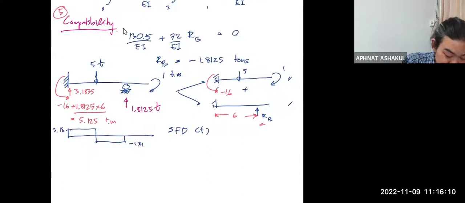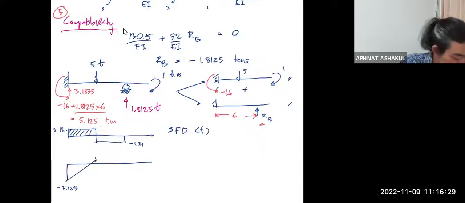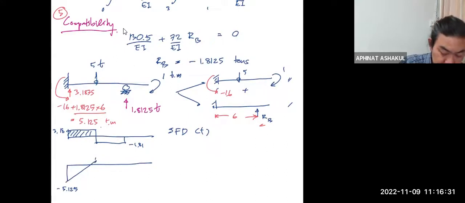And your bending moment diagram, that 5 point minus 5.125, and we're gonna have a little bit of a positive moment here because this area is big enough. It goes up to, so not a good picture.